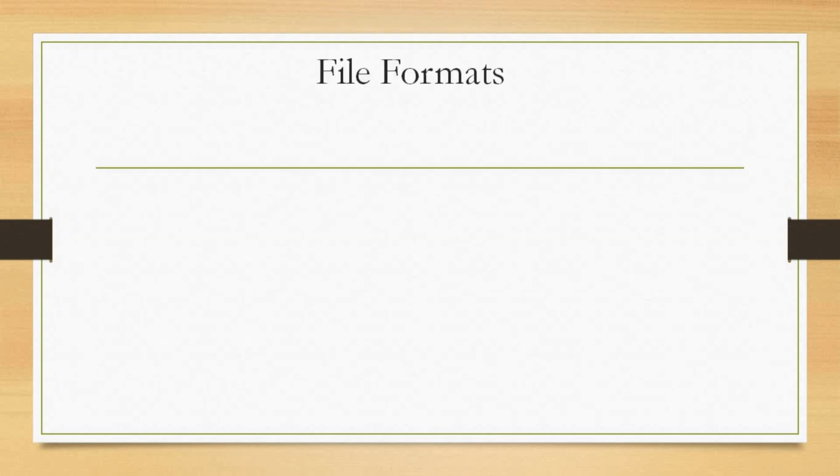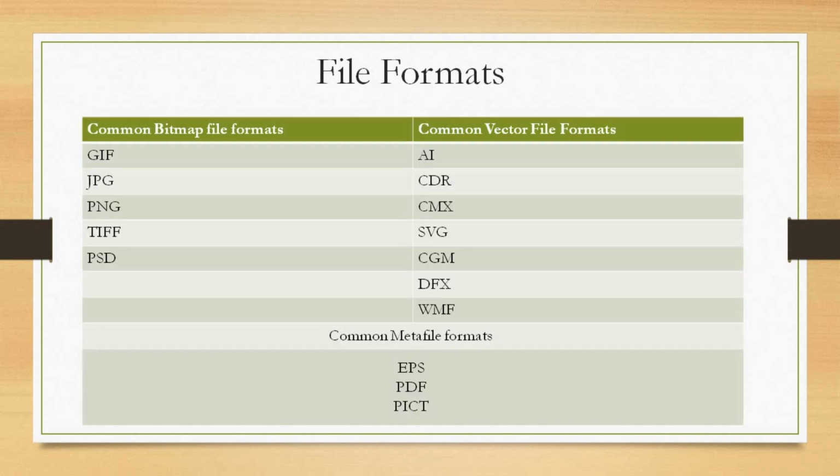Next, let's see different file formats. The commonly used bitmap file formats are GIF, PNG, JPG, TIFF, PSD. Whenever you have file names with these extensions, it means they are bitmap file formats.